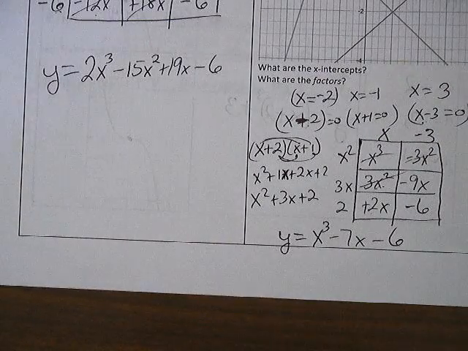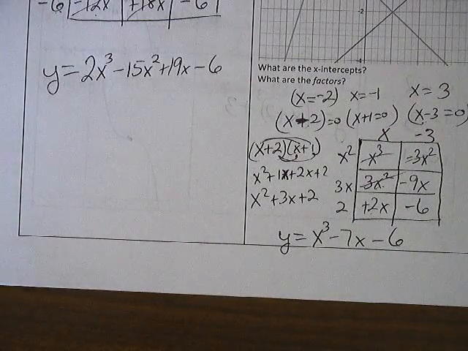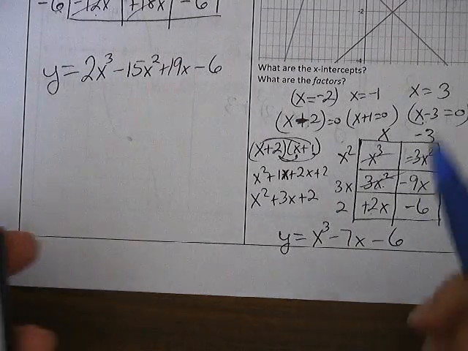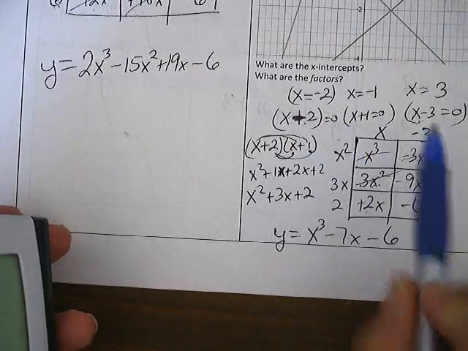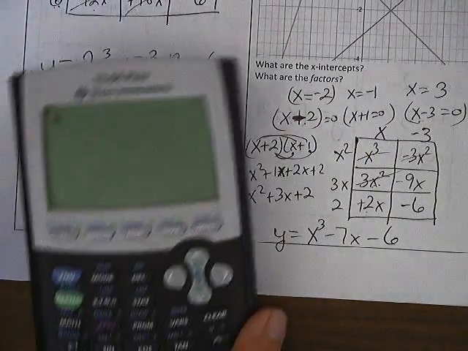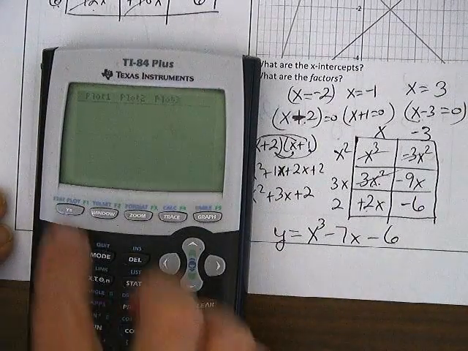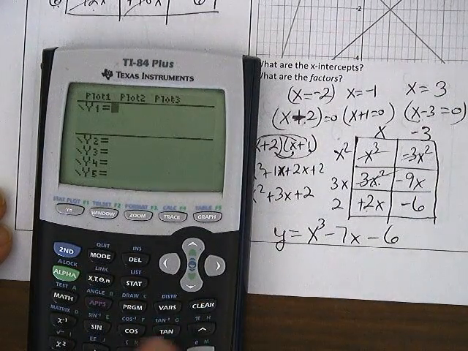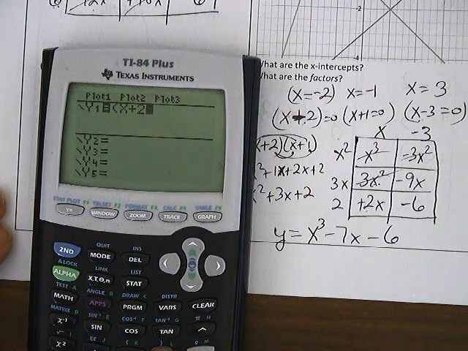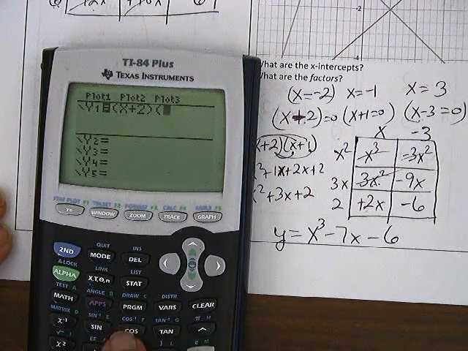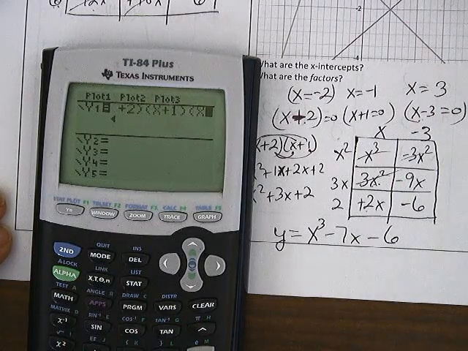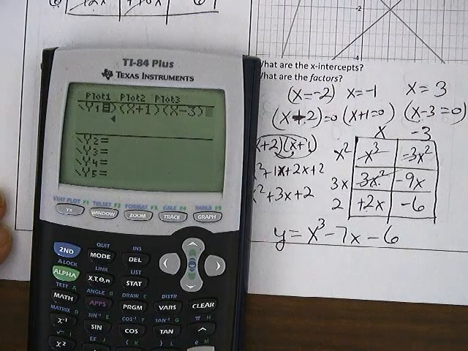Now, if we were to plug this into our calculator to get a graphic view, a way to check this would be to plug into y equals each one of our factors multiplied together. So we will put x plus 2 times x plus 1 times x minus 3.